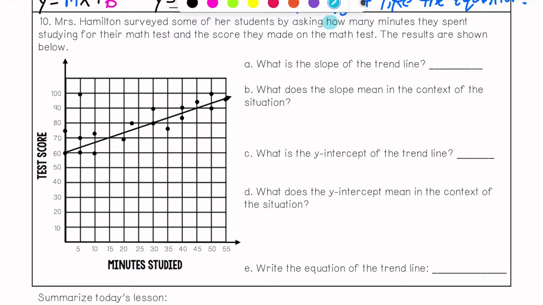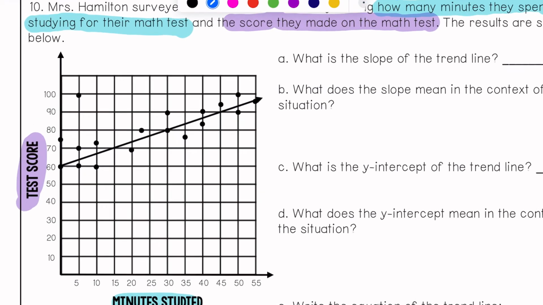So that's on the x-axis. On the y-axis, that is reflecting their test score. So just looking at the trend like we've done in lesson 1 and 2, it looks like there's a relationship. The more minutes you study, the higher your test score, which logically I think makes sense.